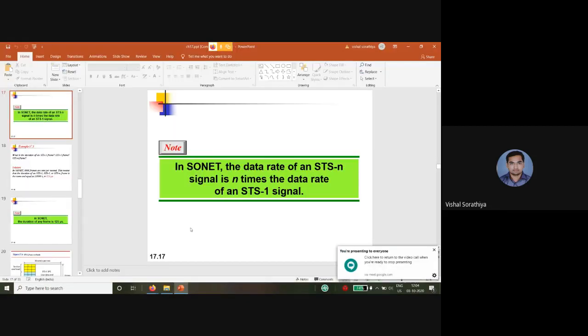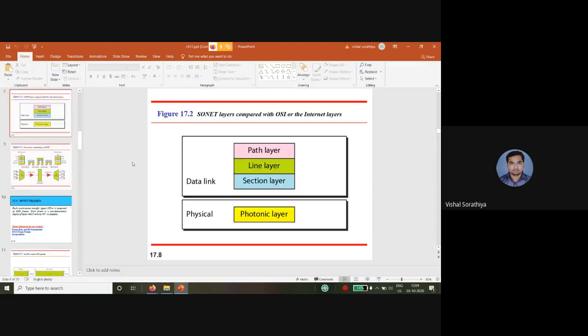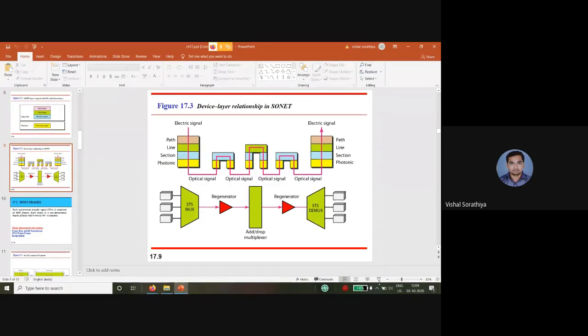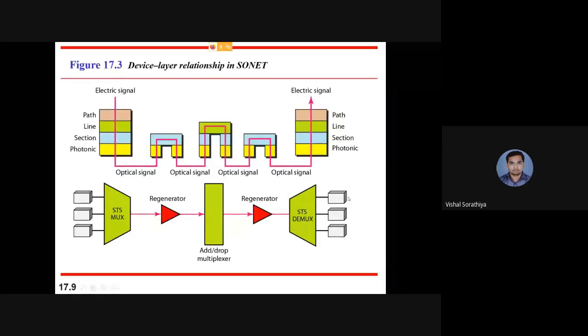Okay. So let me start with what we left off with in the last lecture. We discussed the SONET and its basic structure, the layer-wise classification, and what needs to change in the SONET architecture. We discussed the basic four layers: path, line, section, and the photonic layer.